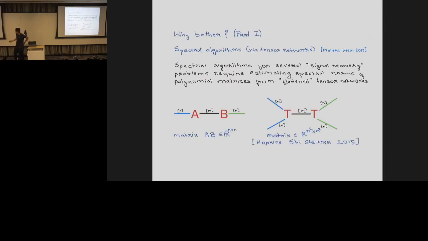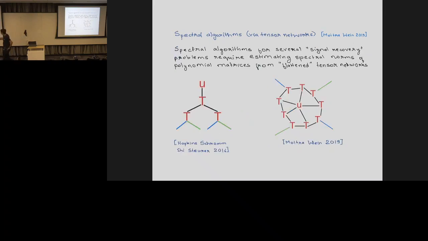Again, I don't need to use them. It's maybe already clear that if I look at this example, if the entries of A and B are random variables, then the entries of this matrix are degree 2 polynomials. The entries of this matrix are also degree 2 polynomials. The entries of this matrix, if U is a vector consisting of random entries, are degree 4 polynomials, and here they are degree 10 polynomials. So there are some low degree polynomials, and you have a matrix which you obtain out of them.